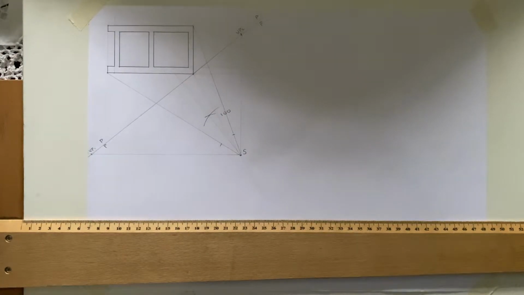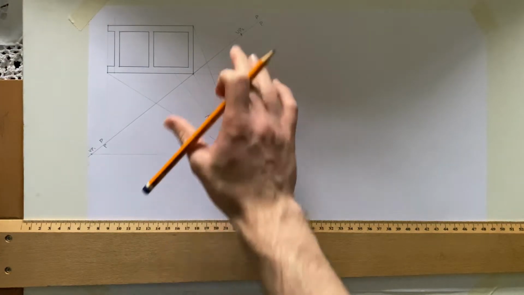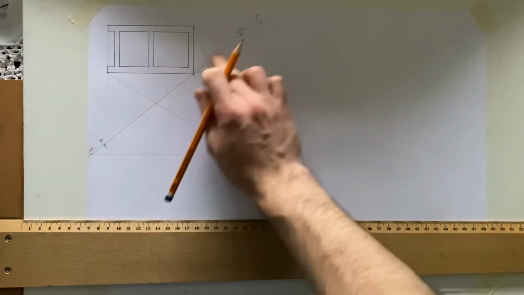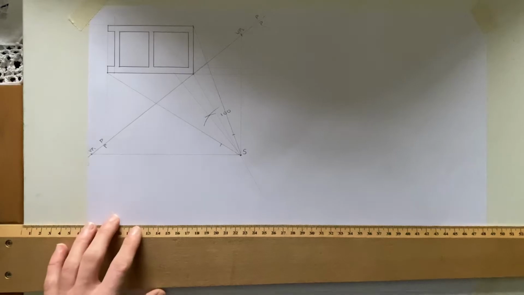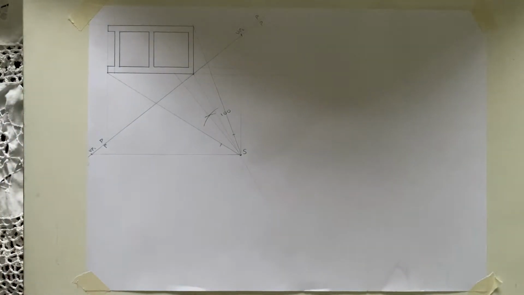Next thing I need to get is my ground line, so the actual starting point for my perspective view. So what I need to do is take a line parallel to my picture plane here that I've now found. I'm going to take that down here.